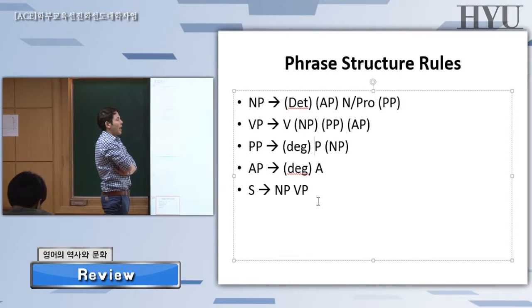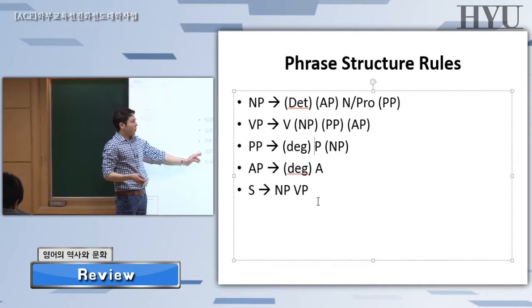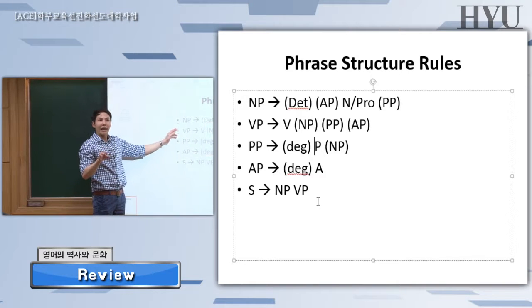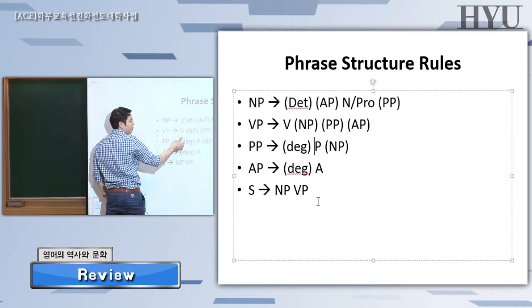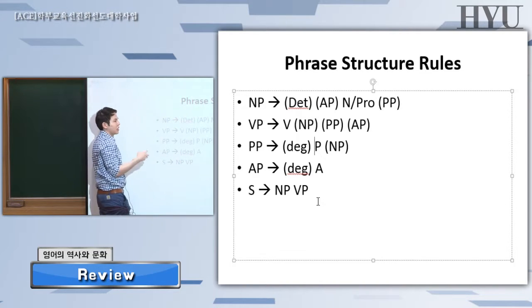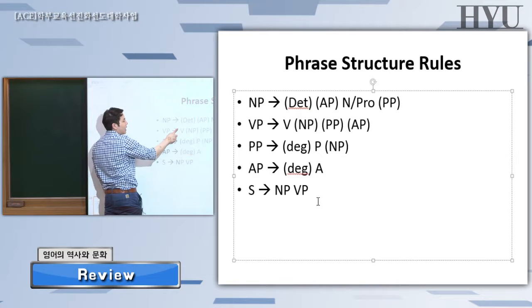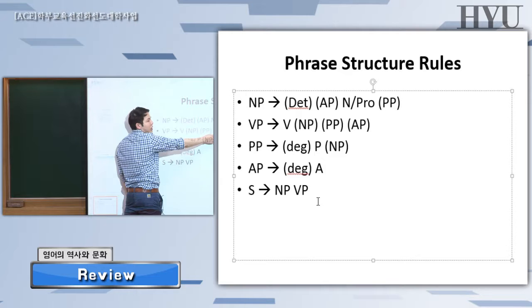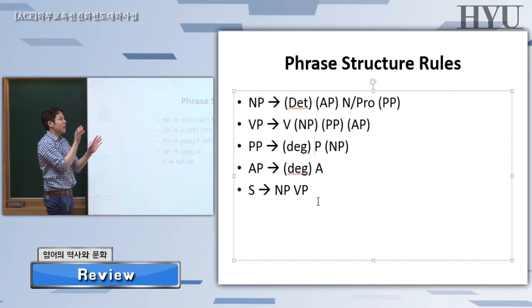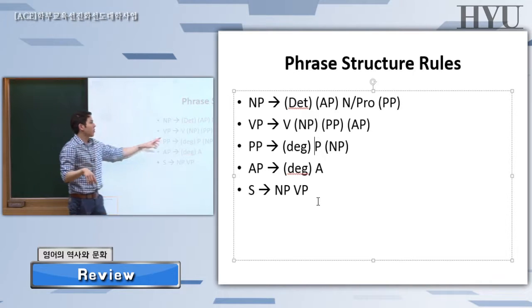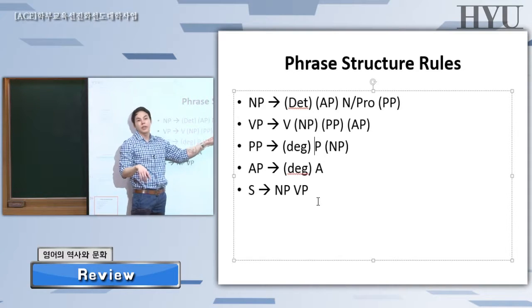So it seems that all phrases look more or less alike because you may have something before the head word. Degree word, degree word. Determiner is a kind of a degree word. And here, for a verb phrase, you can have a degree word, which is like an adverb phrase here. But adverb phrase, for verb phrases, they can be anywhere. Okay? You can have it in the front or you can have it in the back.